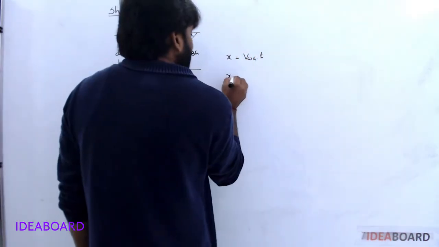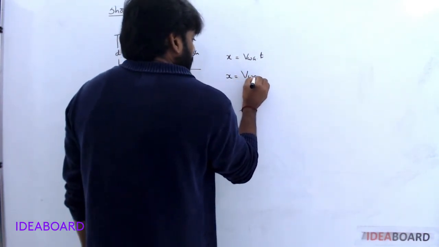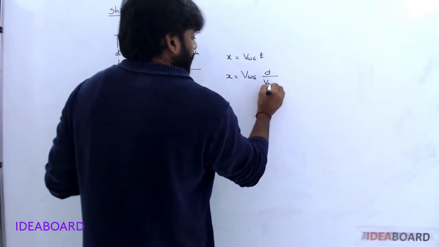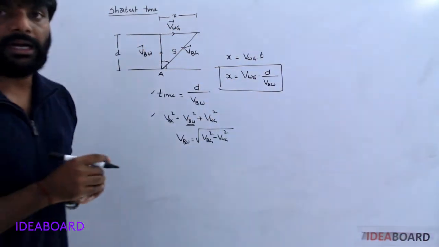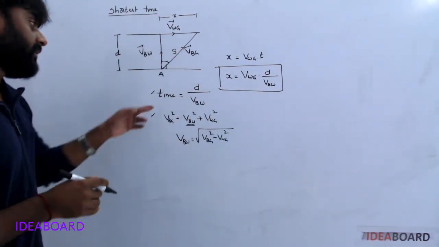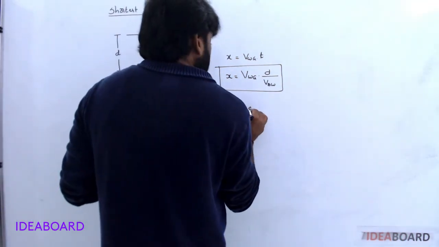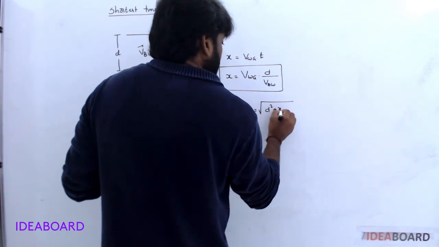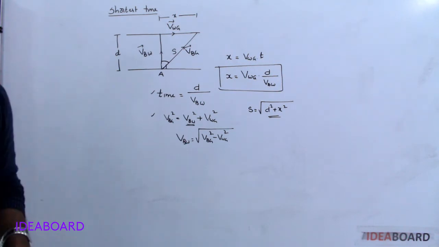So x is equal to water with respect to ground into time, and the time here is d by boat with respect to water. Understood? It is the minimum time. At the same time, S is equal to square root of d squared plus x squared.